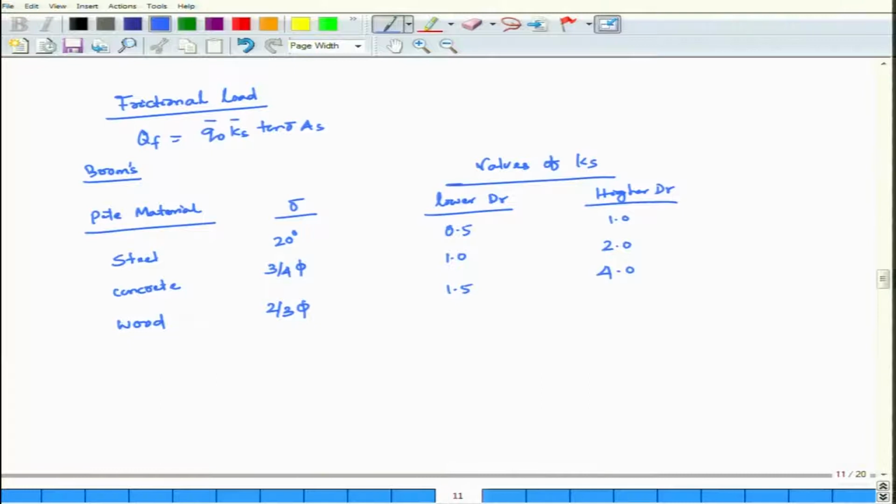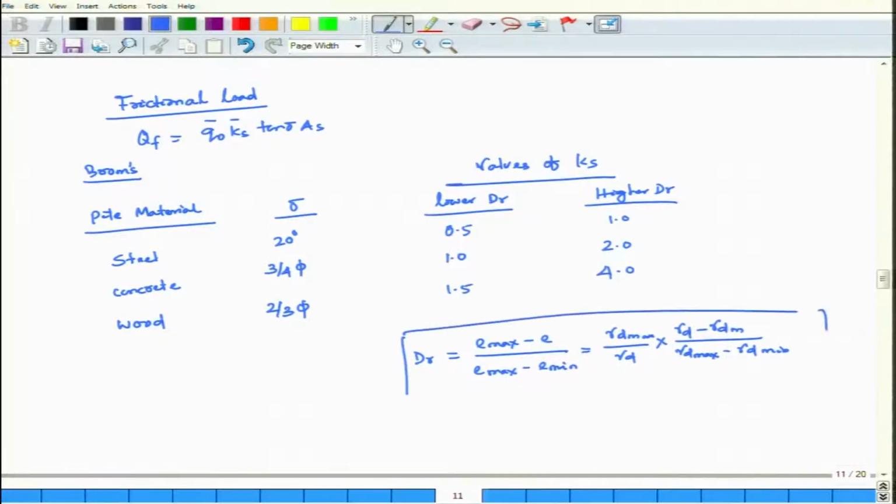Dr, relative density, you can calculate as (e max minus e) by (e max minus e min), which is equal to gamma d minimum by gamma d into (gamma d minus gamma d minimum) by (gamma d maximum minus gamma d minimum).